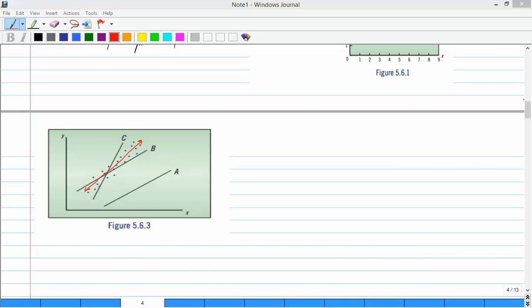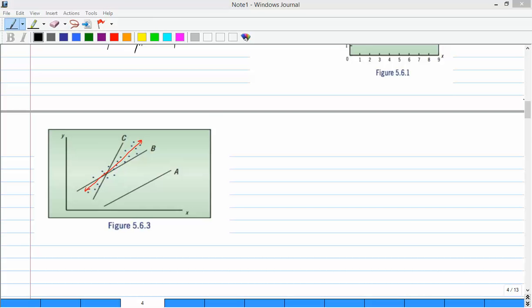Now if it's just a real easy set of data, then we could probably make a pretty good guess. Of course we know the slope is positive. We don't have any numbers here on the x and y, so we can't really make a guess here. If we did have numbers on the x and y, then we could maybe guess what it is.